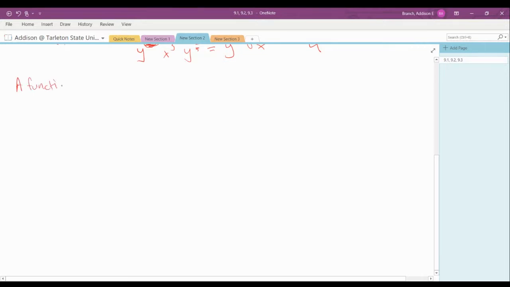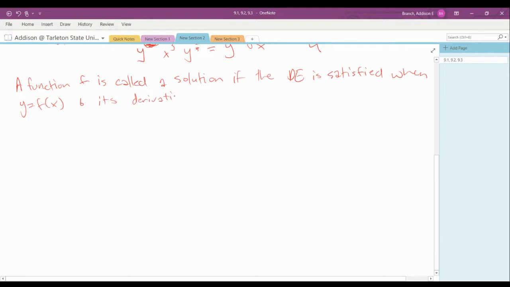A function f is called a solution if the differential equation is satisfied when y equals f of x and its derivatives are substituted into the equation.